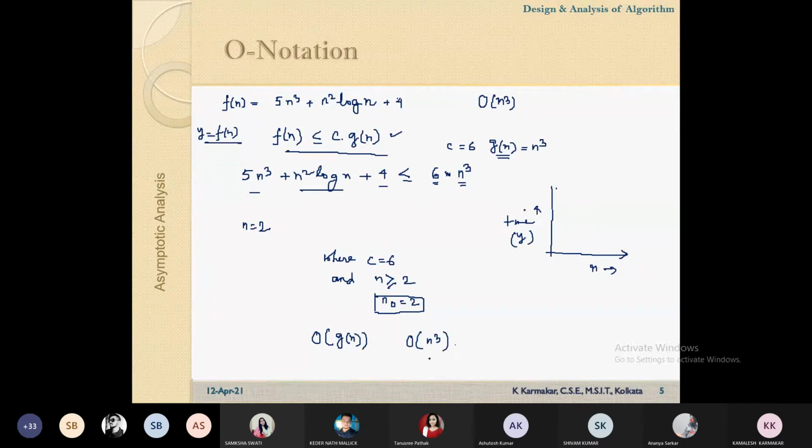In asymptotic representation, with big O notation, the complexity of this function is big O of n cube. So in this way, you have to prove it. This is the asymptotic upper bound.